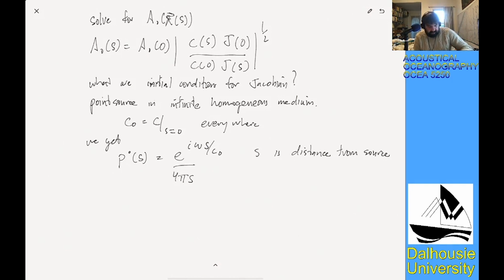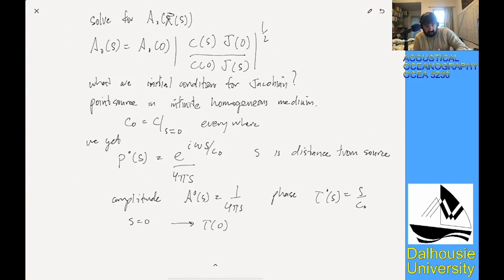Okay, so we have an amplitude, A naught of s equals 1 over 4 pi s. And a phase, tau naught of s equal s over c naught. So for our problem, we need s equals 0, tau naught to go to 0, right, at the source.